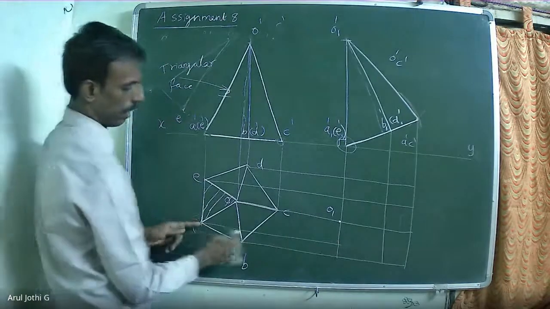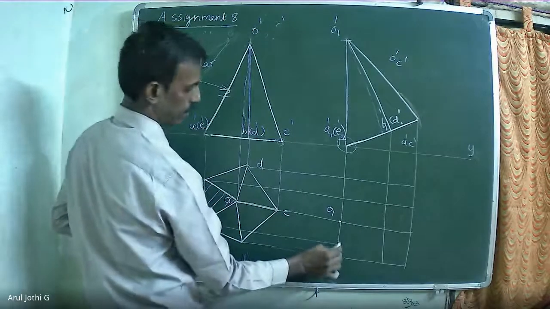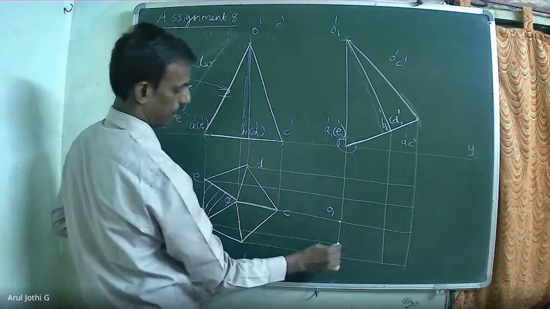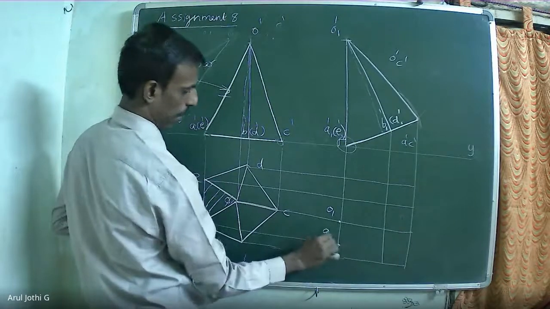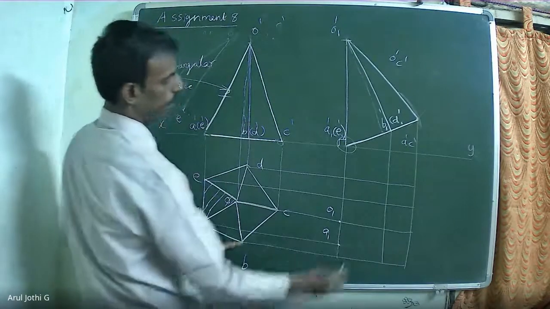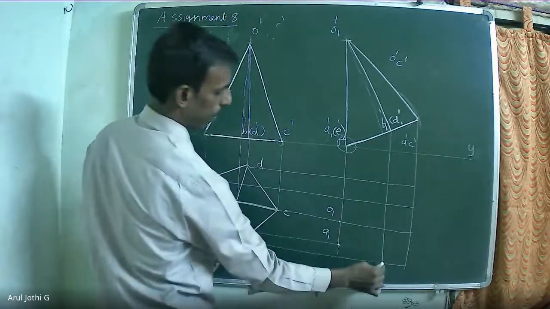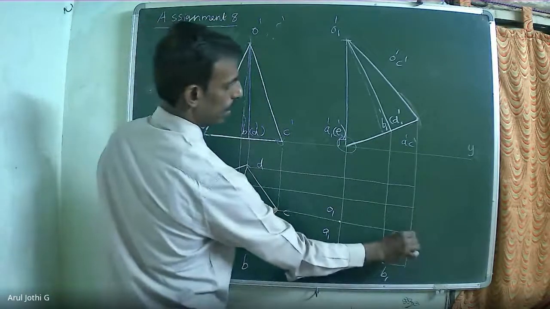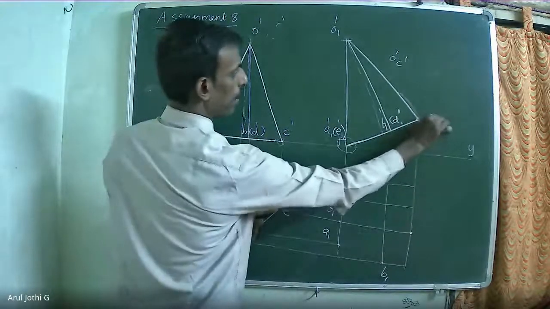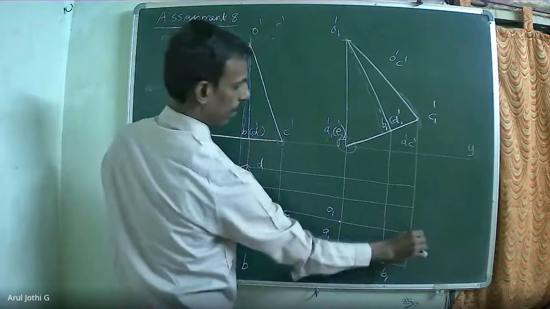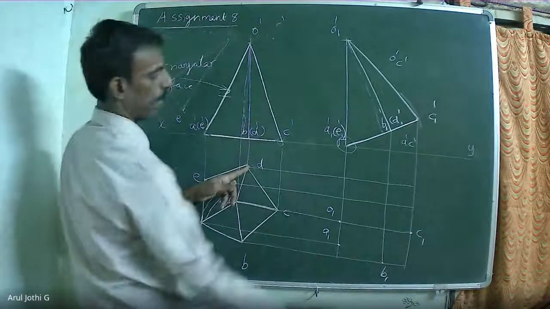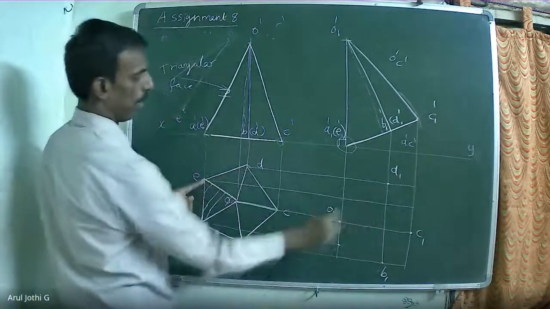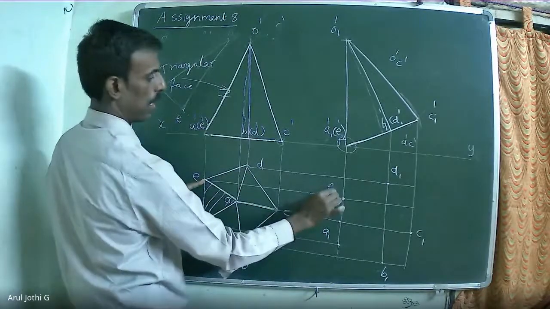Then extend the corner point A and A1 dash, forming A1. Then extend B and B1 dash. Then extend C and C1 dash, forming C1. Then extend D. Then extend E.